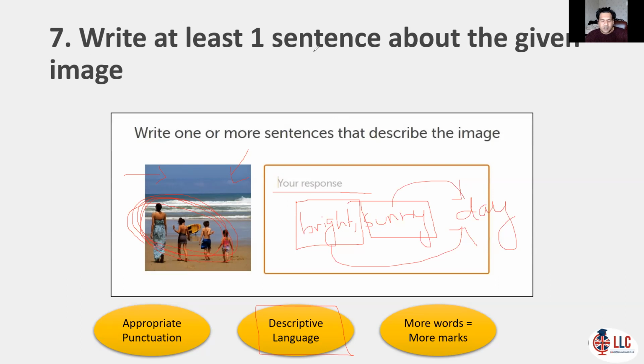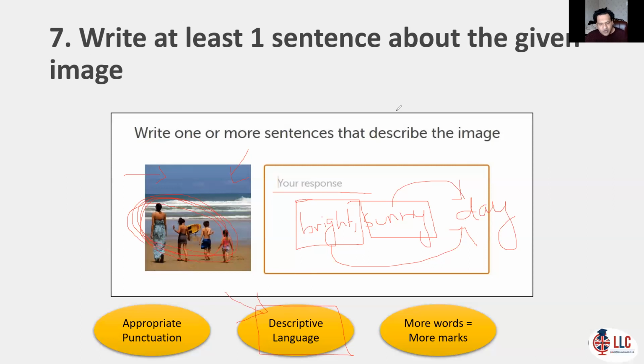If you didn't see the image, and only read the sentence "it was a bright sunny day," you could immediately picture a very bright day, similar to the one shown in the picture. So using this kind of adjectives and maybe adverbs will help you describe the image using descriptive language.